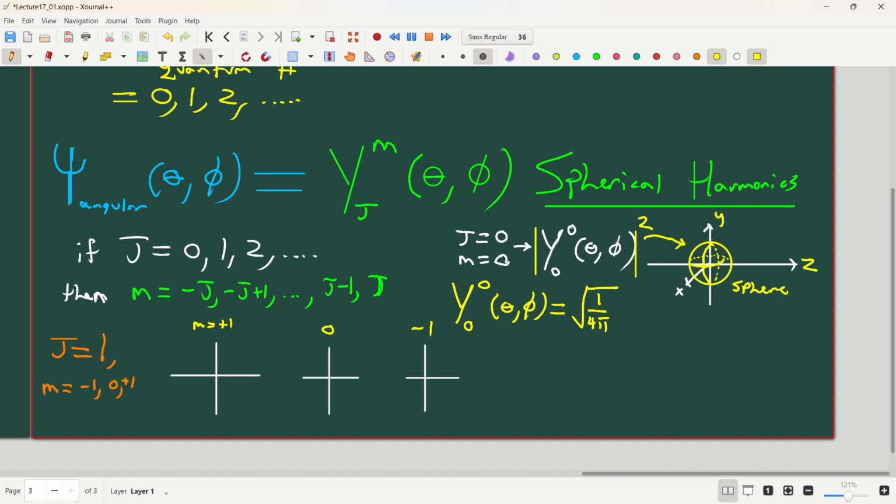And let me make sure I get my axes right. This is going to be z and x. This one's going to be y and x. Sorry, no, this one's going to be y and z. There we go. Okay, 3 different combinations.